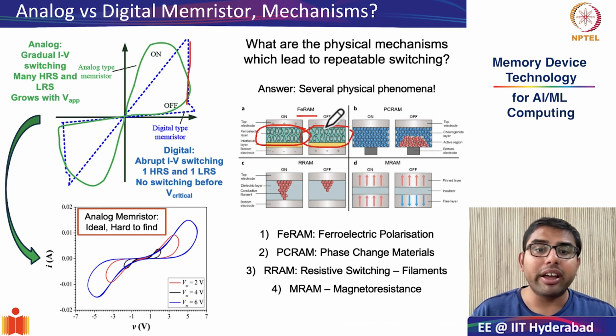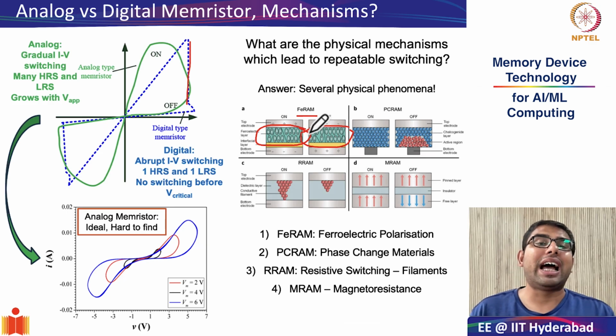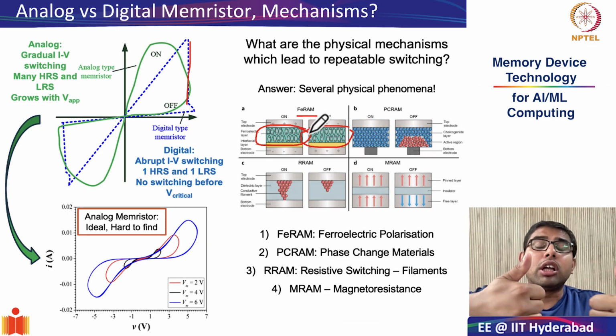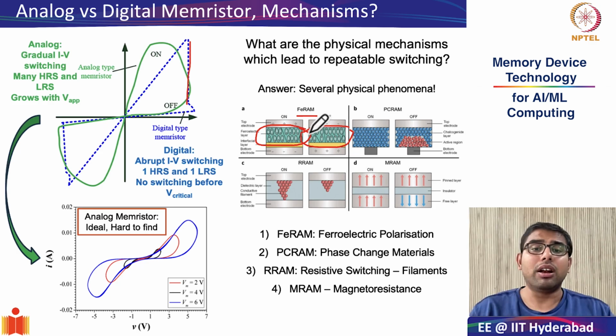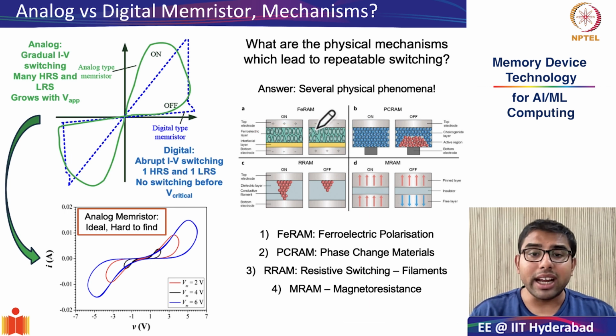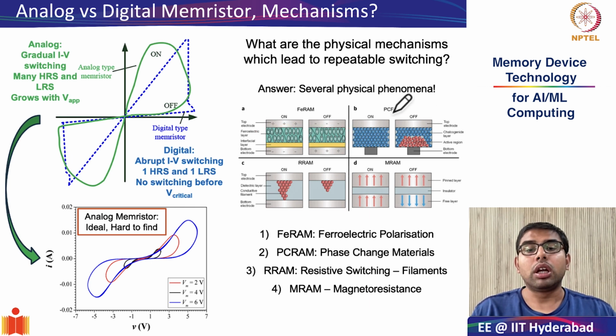So the functional layer between the two metallic films has ferroelectric properties, means it can either have majority up polarization or down polarization in the dipole orientation of the functional thin film, and that can give you high and low resistive states.